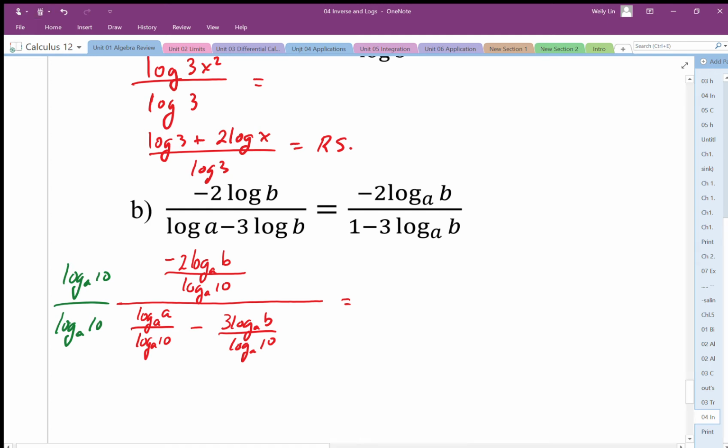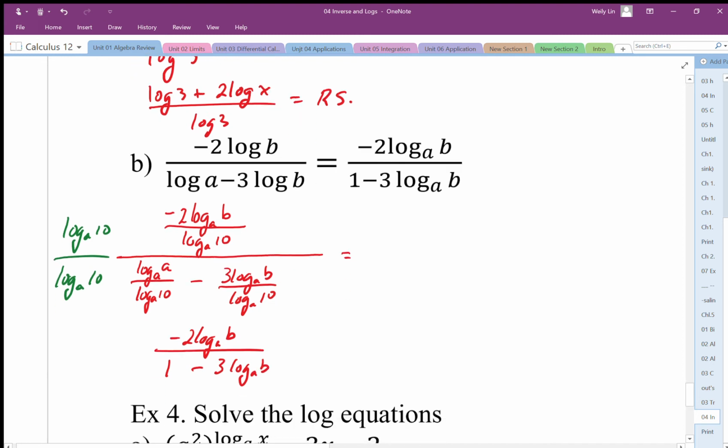I haven't changed the fraction because I've multiplied by 1. So I end up with 2 log base A of B. The log base A of 10 cancels out. Here log base A of A is equal to 1, and log base A of 10 cancels out. Here I'm left with 3 log base A of B, and log base A of 10 cancels out again.